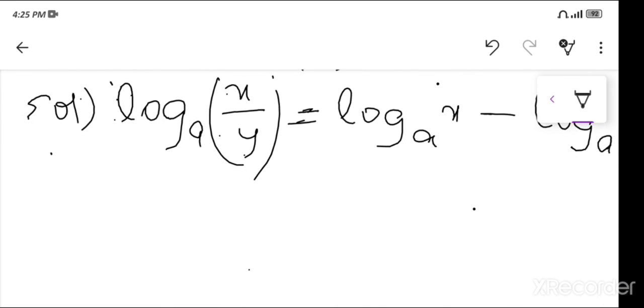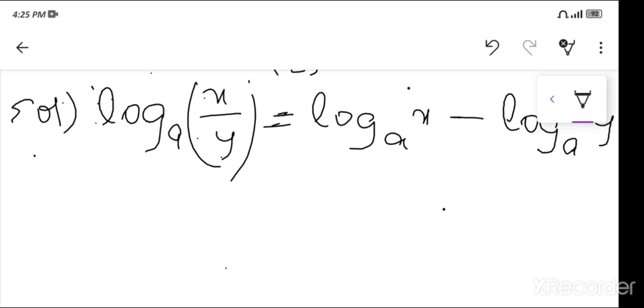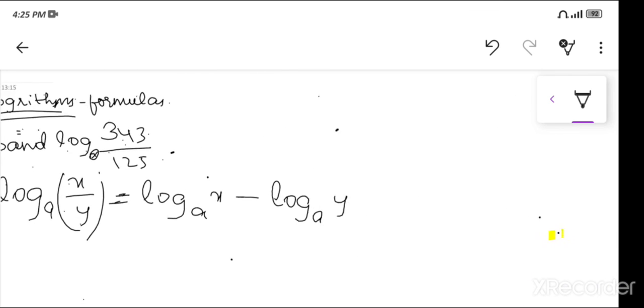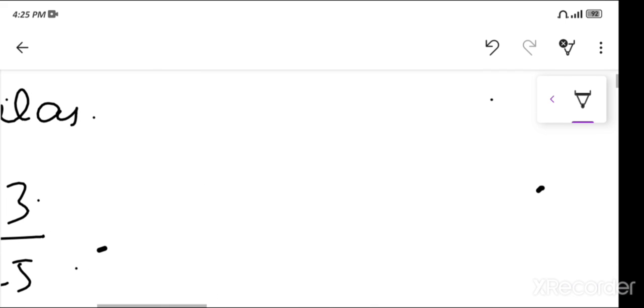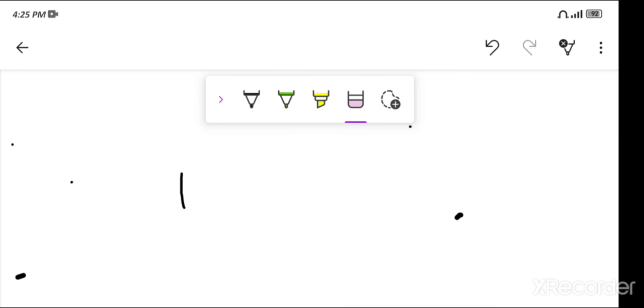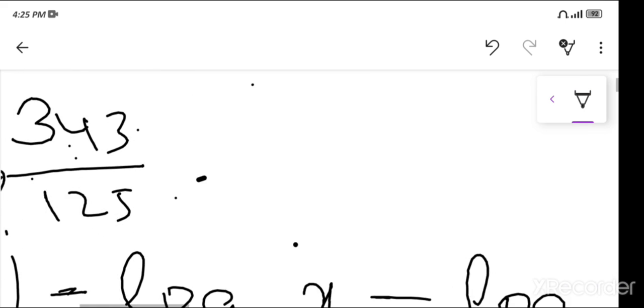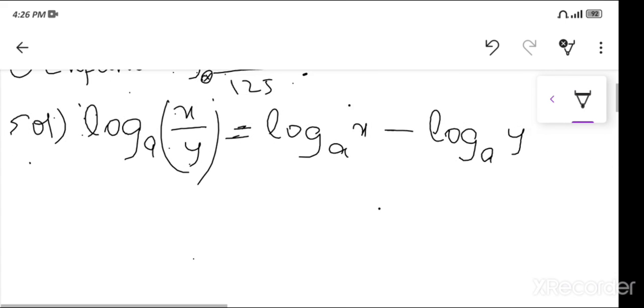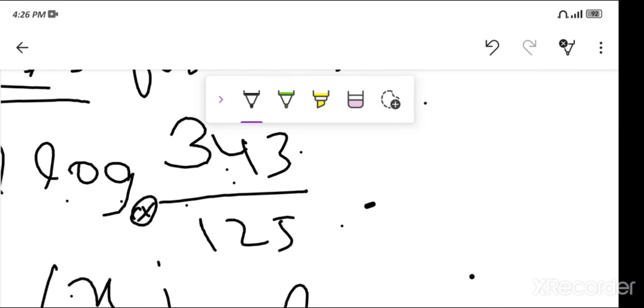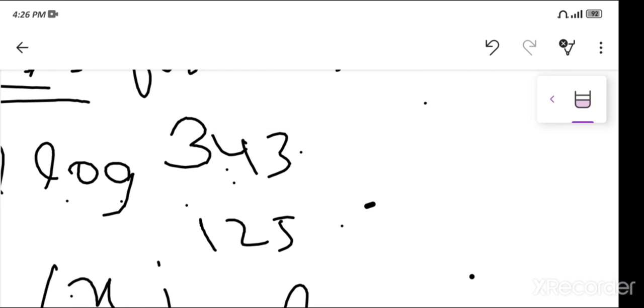If there is no base, you don't need to include it in the sum, but let me tell you, if there is no base, you need to take 10. We'll come across these sums in a few minutes once I complete this question. Let me erase that base thing because we don't need it.